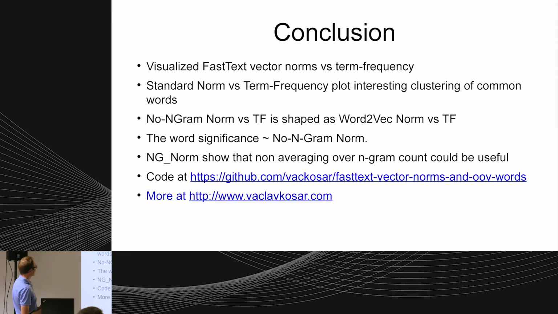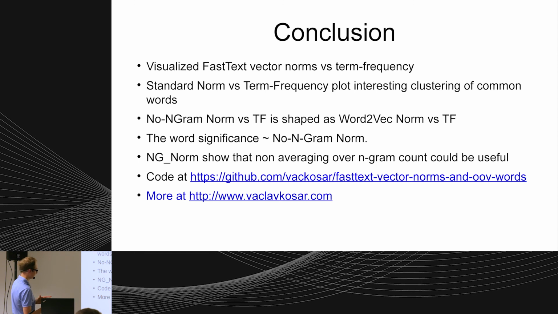So to conclude, I visualized these FastText vector norms, showed you some nice scatter plots, and norms relative to frequency. There was this interesting clustering in the standard norm. The no-n-gram norm was shaped similarly to word2vec, as could be guessed.